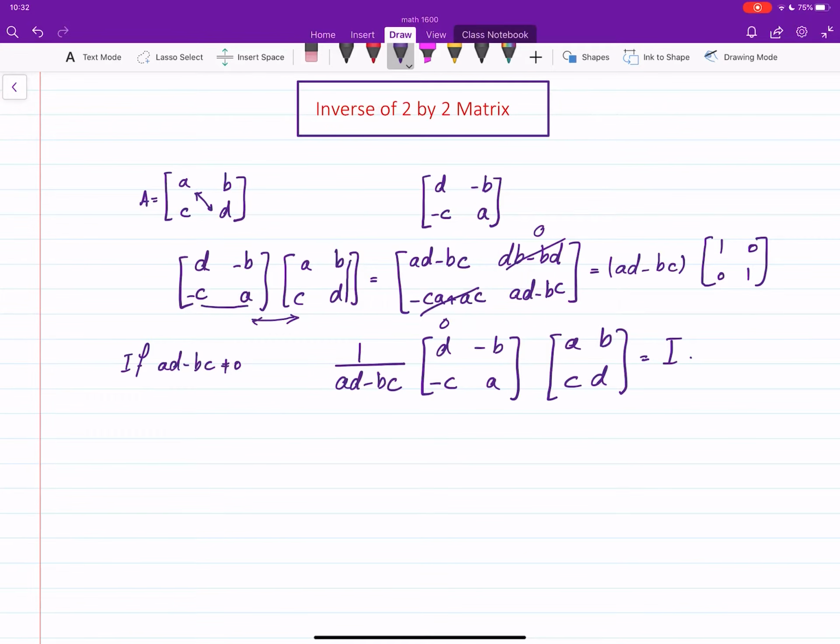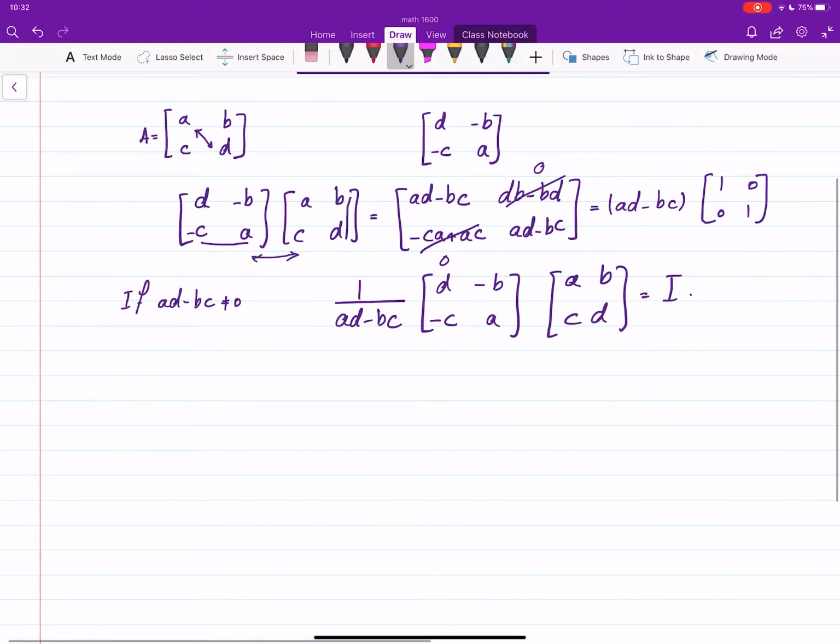By uniqueness of the inverse matrix, this is the inverse of the matrix. Okay, so this is the theorem, actually.